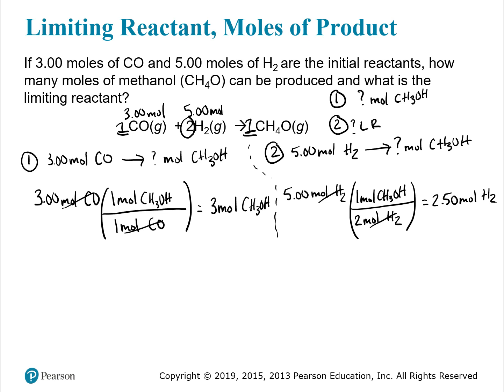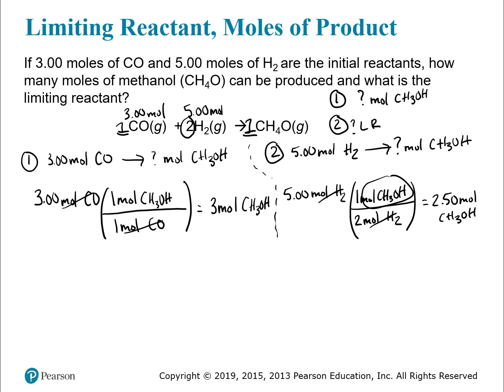Now we've got a decision to make. Oops, we've got to write the actual product, not hydrogen gas. That's why you should do your unit analysis, so you can catch silly little mistakes like that. It should be methanol. Now that we fixed that, we have a decision to make.